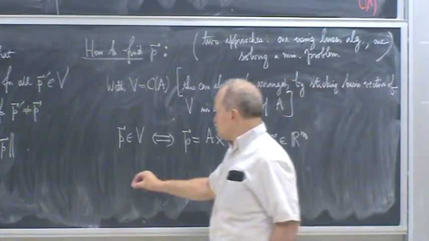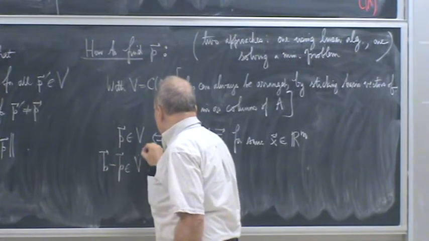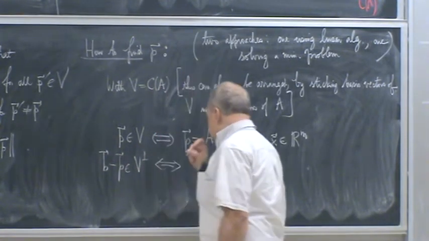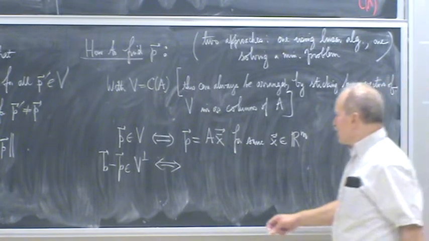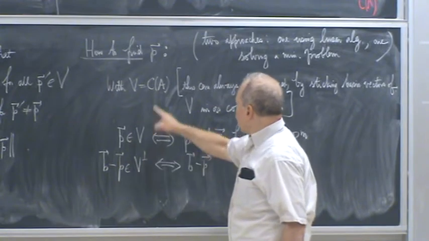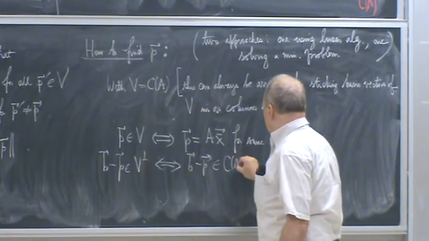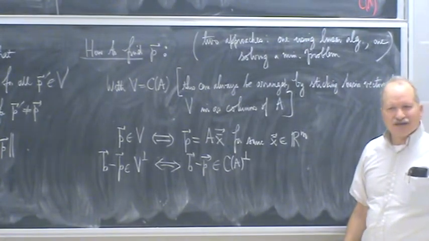What's the second condition? B minus P is in V perp is what statement? B minus AX is in the null space of the transpose. Null space of whom? A transpose. Remember, the perp of the column space is the left null space.